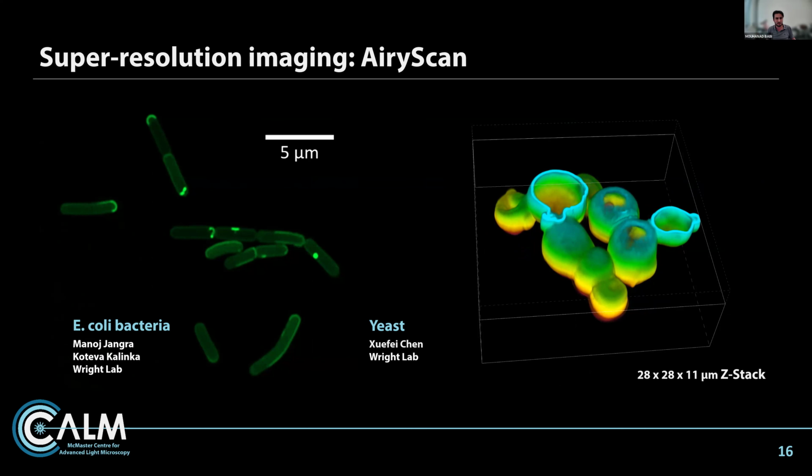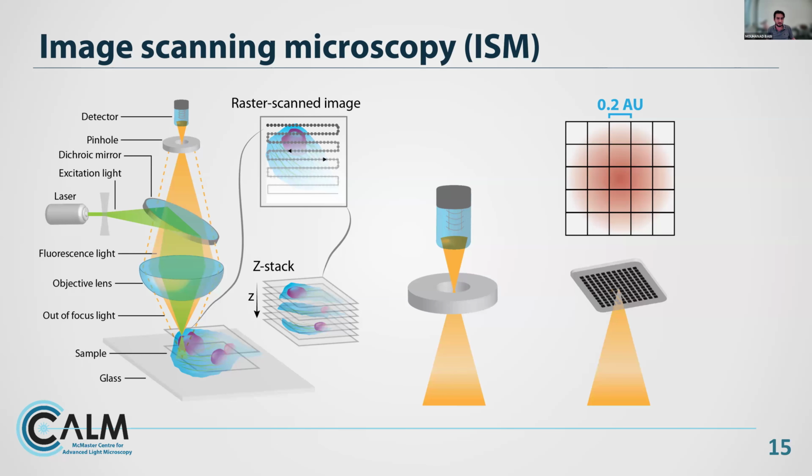So the takeaway message for this technique is that it's essentially a confocal microscope using a different detector with some image post-processing like deconvolution and pixel reassignment to give you almost twice as much resolution, down to 100 or 120 nanometers, which is twice as good as a normal confocal microscope.